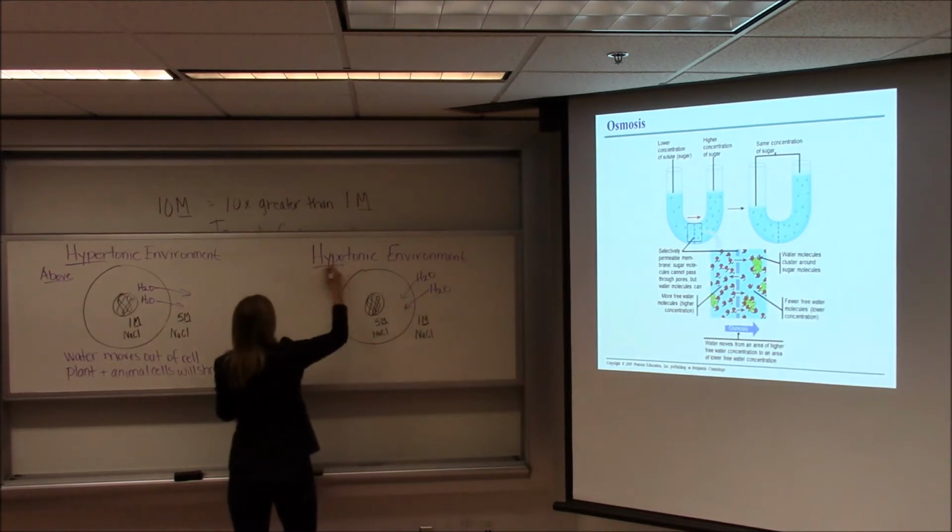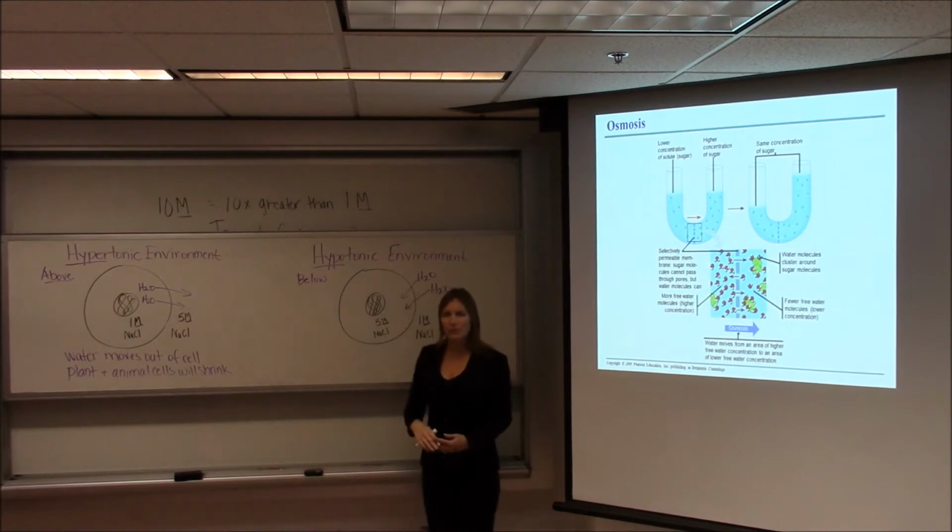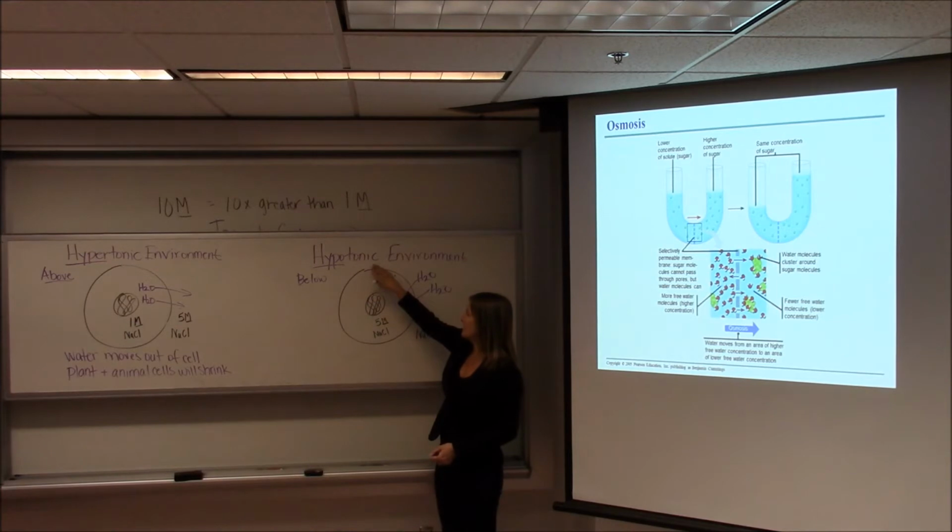Hypo means below. If you have hypothermia, it means your body temperature is below normal. Hypotonic, we're referring to the environment of the cell. So we're saying the solute concentration outside the cell is lower than inside the cell.